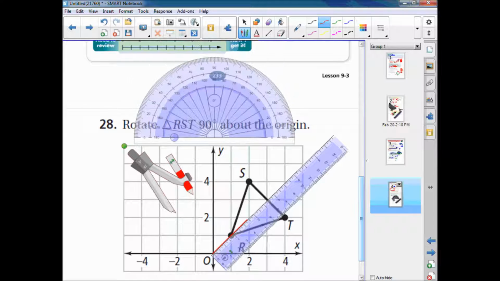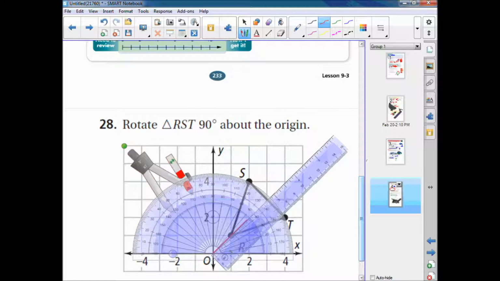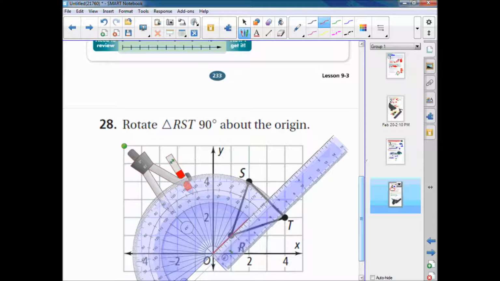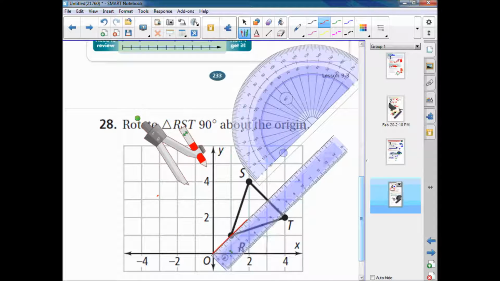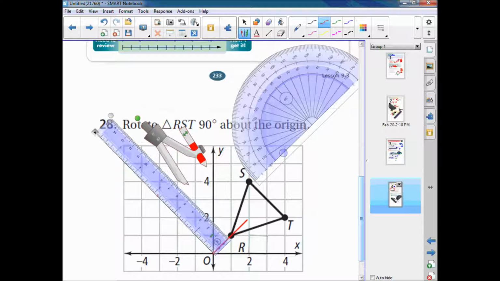We're going to go in here and spin it around till we get 90 degrees. All right, so there it is lined up, and 90 degrees is going to be right here. Okay, and then we're going to draw in our line. So we're rotating 90 degrees.